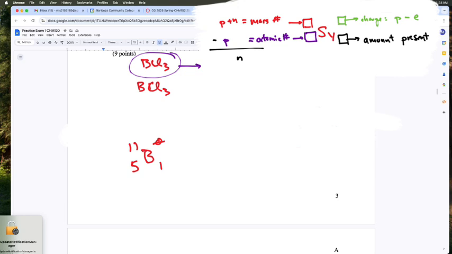Whoops, I need a little more space. Chlorine 35, 17, 0, 3. What I've just written is, for all effects, the same thing as what we've got written up here, BCl3.